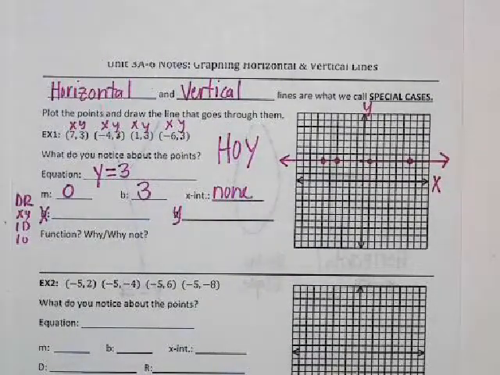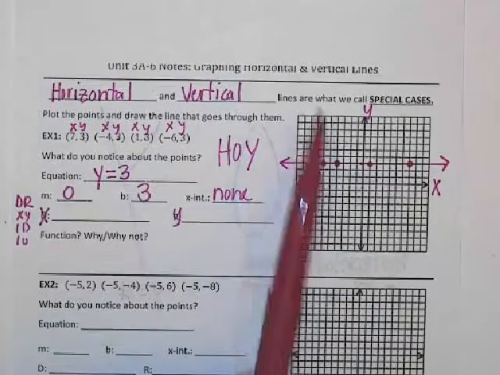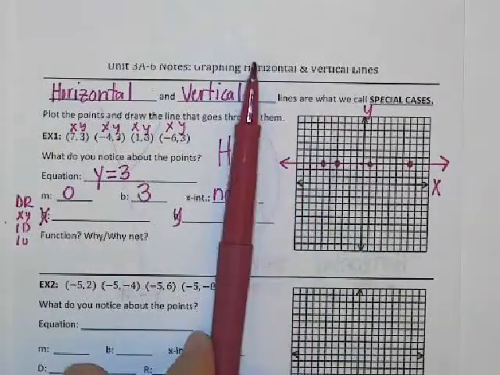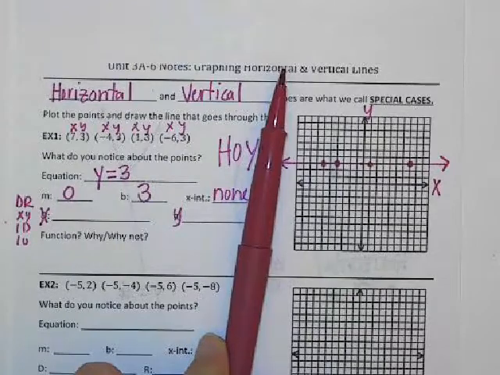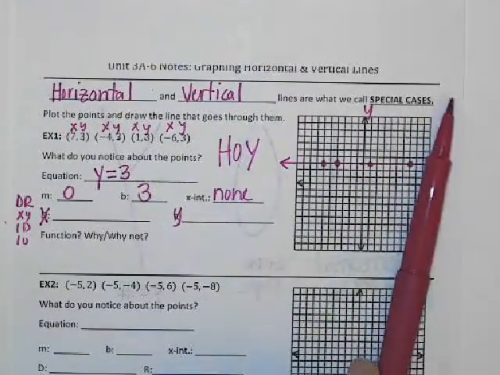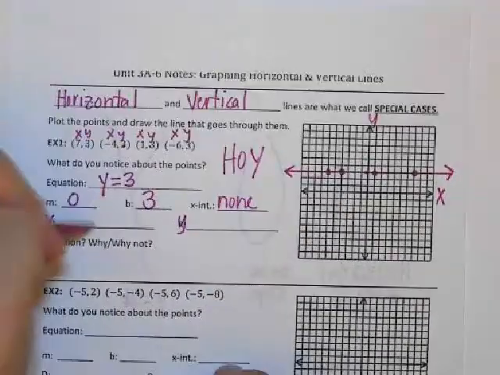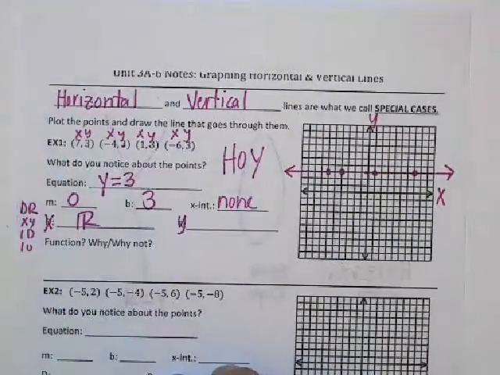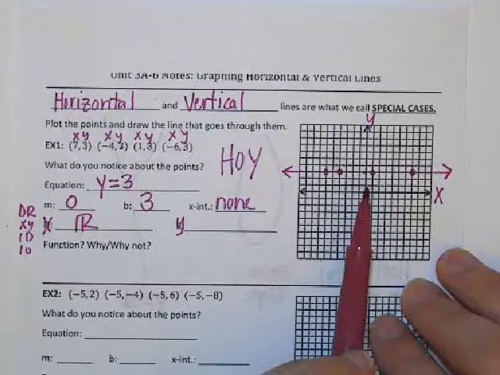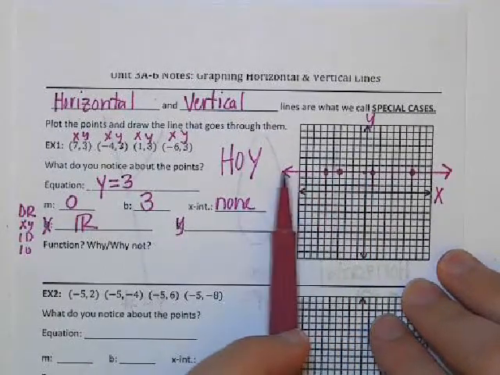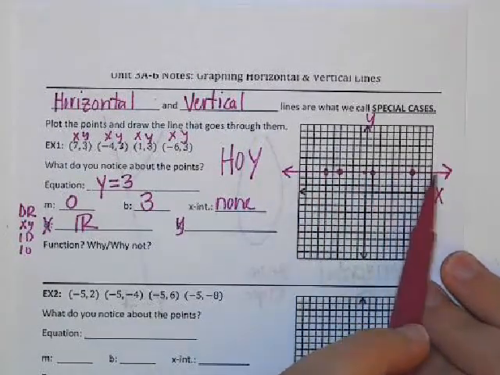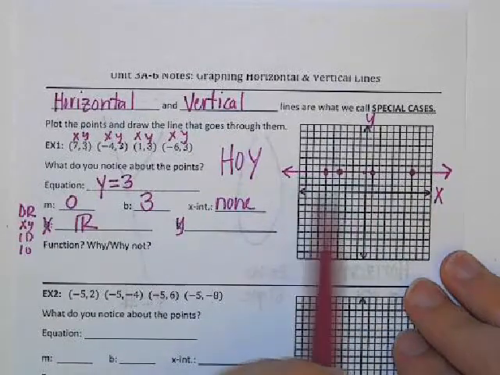X. If I was to do reading the book, right? Because that's how we do this. If I read the book, what's the first thing I touch? Arrow. What's the last thing I touch? Arrow. So what does 2 arrows mean? All real numbers. It's going to touch every X because it goes on forever this way and it goes on forever this way. So it's going to touch all the X's.